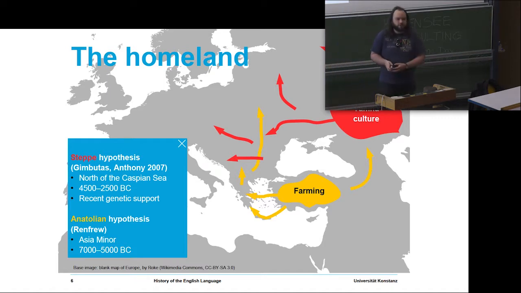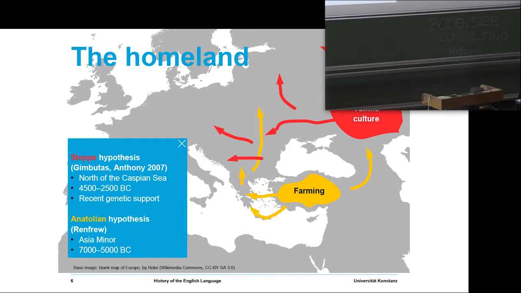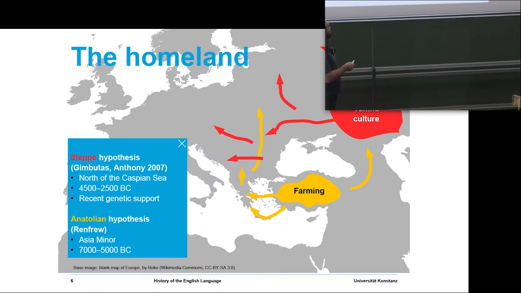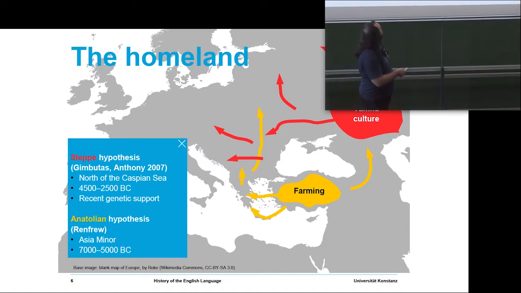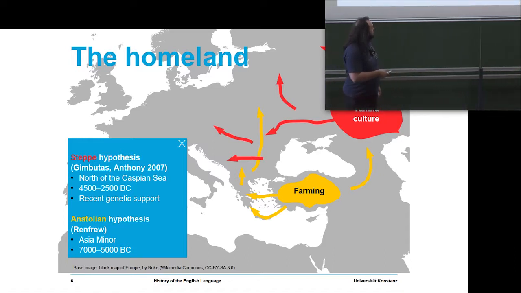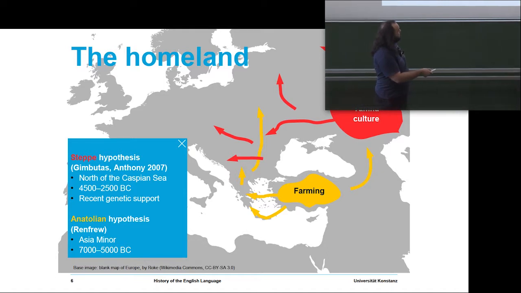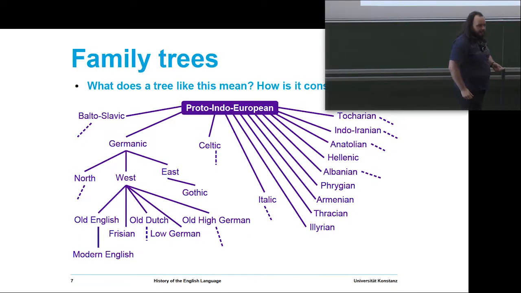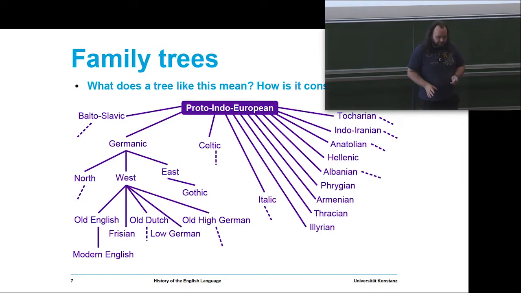I just wanted to let you know where roughly the Indo-Europeans came from. Because although we don't know exactly whether they came from here or here, we can be pretty confident that they didn't come from over there or up here, Iceland. Much as the Icelanders like to think that their language is the oldest and the most original, in that respect, definitely not.